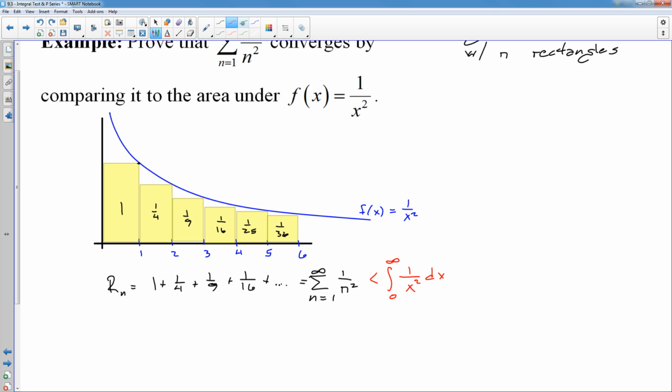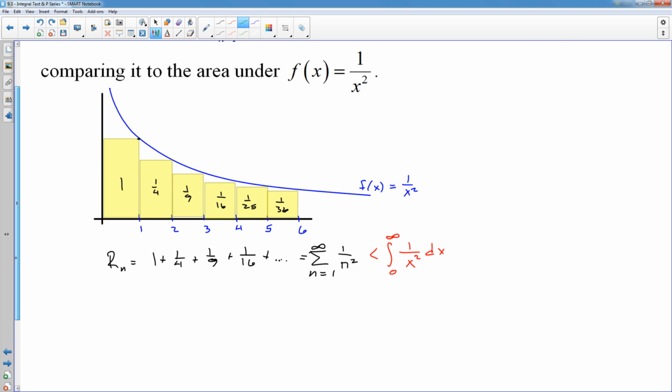So what I'm going to do so that I only have improper behavior at one end of my area, I'm going to separate out that first rectangle of 1, and I'm going to see what's happening with my series as n goes from 2 to infinity of 1 over n squared.